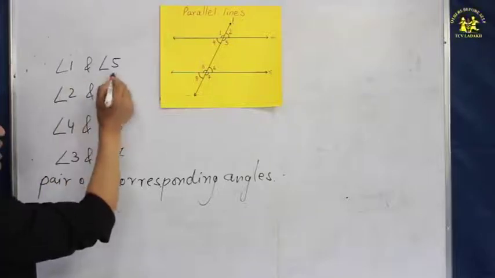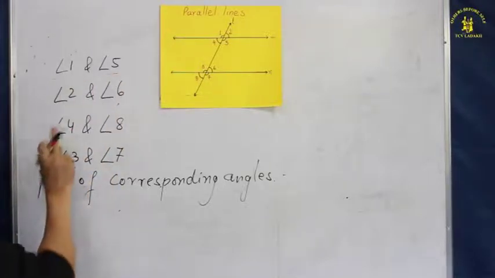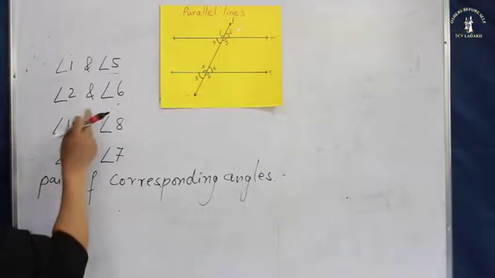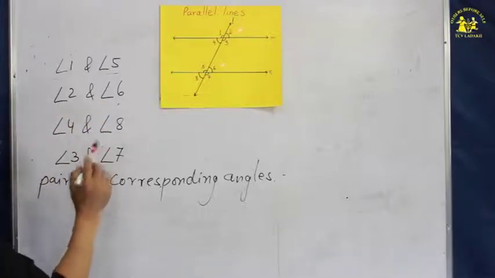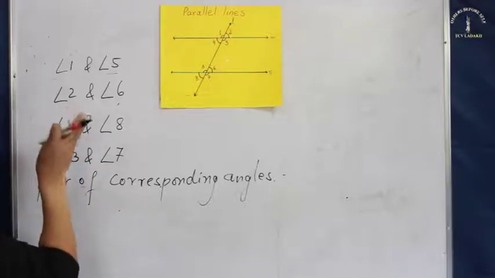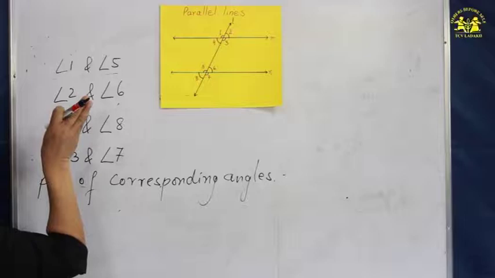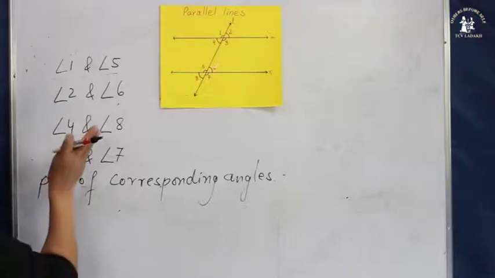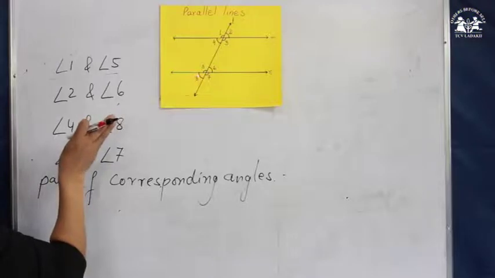Similarly, angle 2 is on the right hand side and angle 6 is also on the right hand side of line L. Angle 2 is on top of the first line, and angle 6 is also on top of the second line.